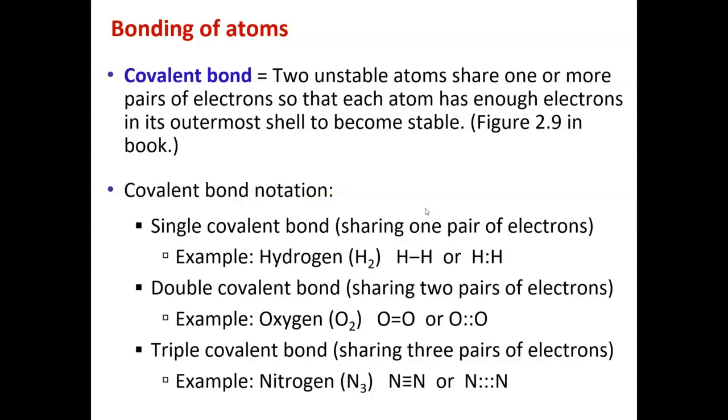So when an atom is stable, that means it's not reactive. It's happy like it is. It's in a condition where it doesn't need to have a chemical reaction to get its outermost shell full because it's already full.